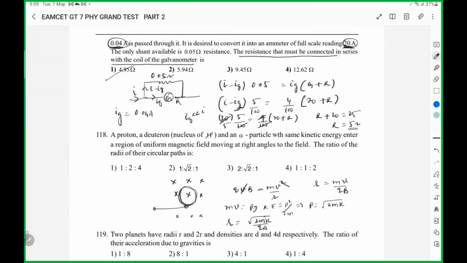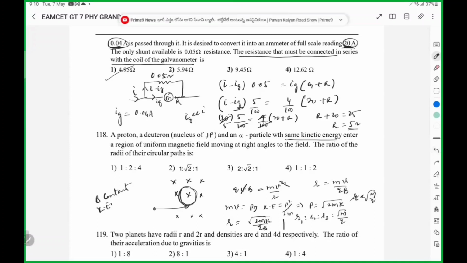Mass is constant, and kinetic energy, he has given the same kinetic energy. The magnetic field B is constant, as all are projected in the same magnetic field having the same kinetic energy. Then R1 is to R2 is to R3 depends only on root m by q. That is, R is proportional to root m by q.